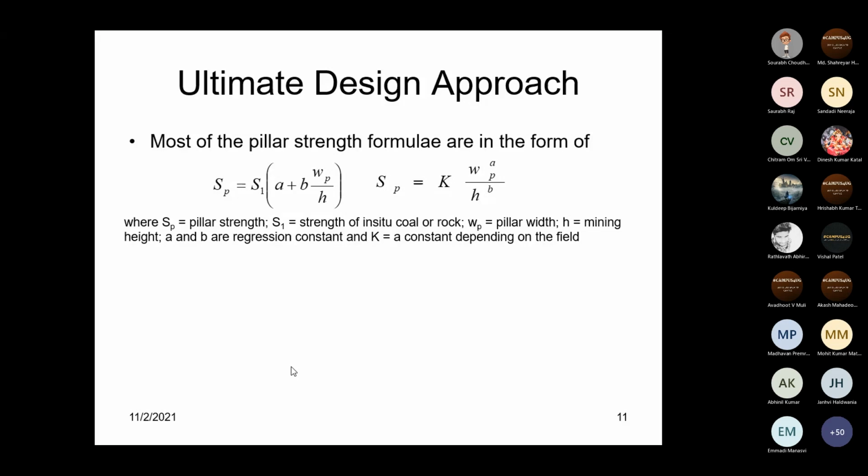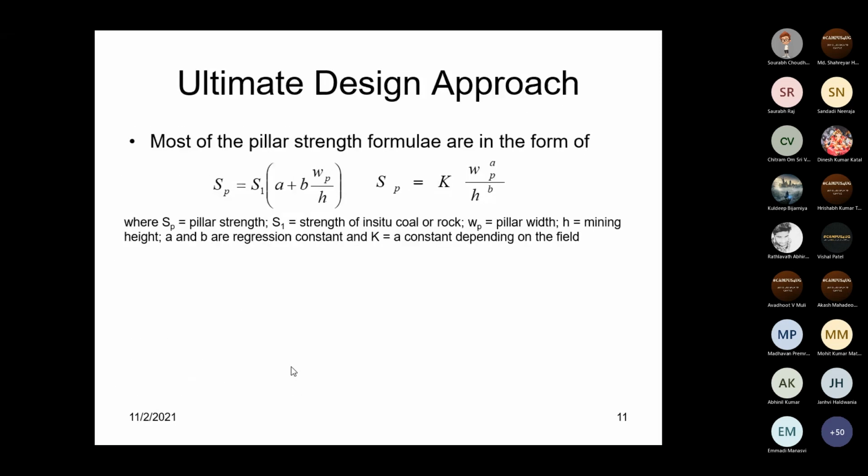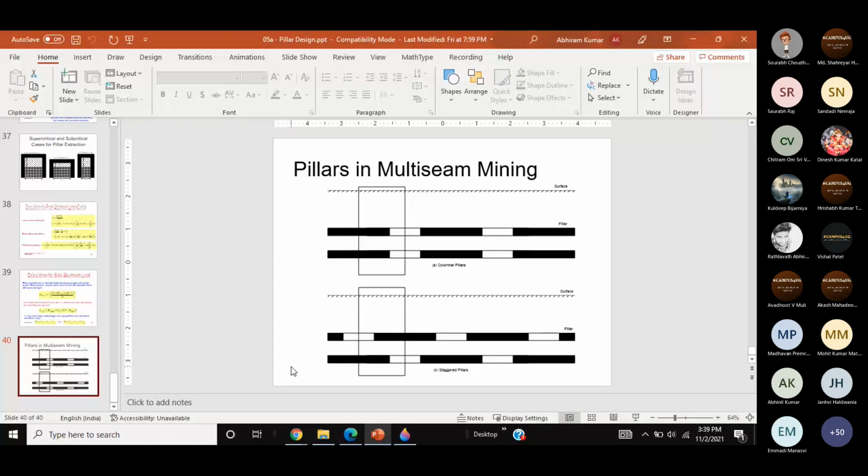These pillar strength formulas were first attempted by people in the year 1895 or 93, long back, and still people are trying to develop some relationships.